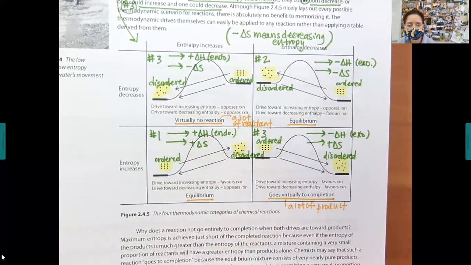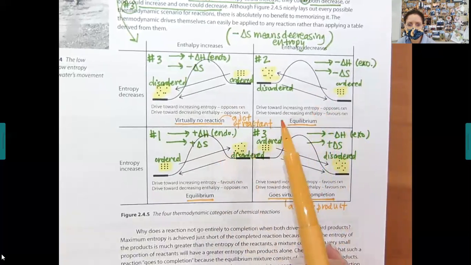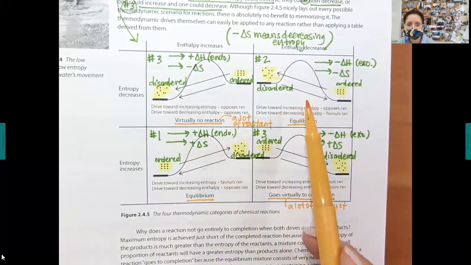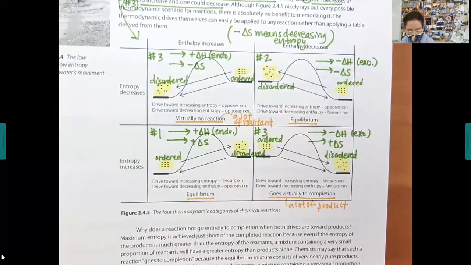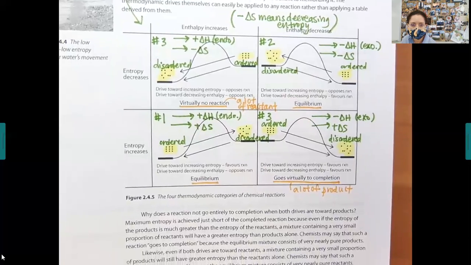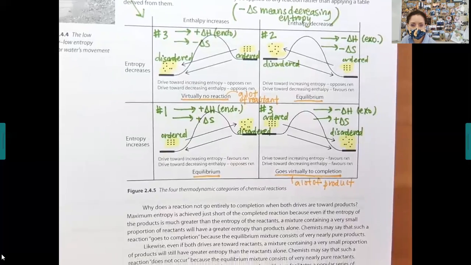And then in order for you to be at equilibrium, you'll notice that these two scenarios here, number 2 and number 1, are the scenarios at which you will be at equilibrium, okay? Let me know when I can go on. I'm assuming we're good.